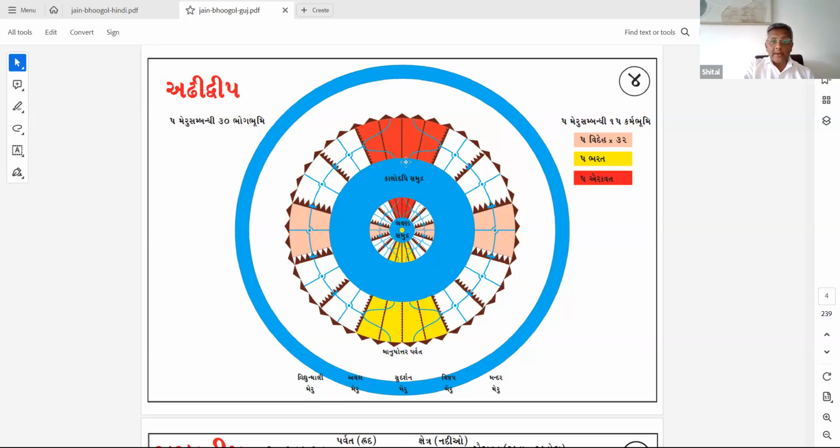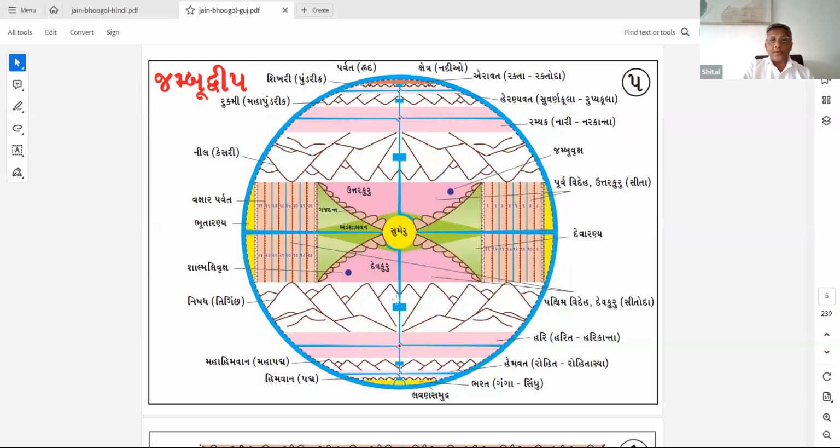So what we did was we've seen how Jambu Dweep is formed. So it has 6 mountains running across from the east to the west. So 1 here, 2 here, 3 here, 4 here, 5 here, 6 here. So what are these mountains called? Anyone?